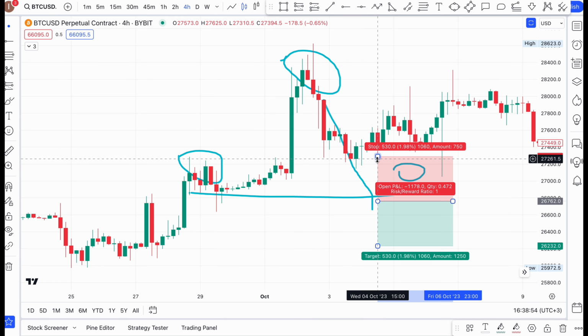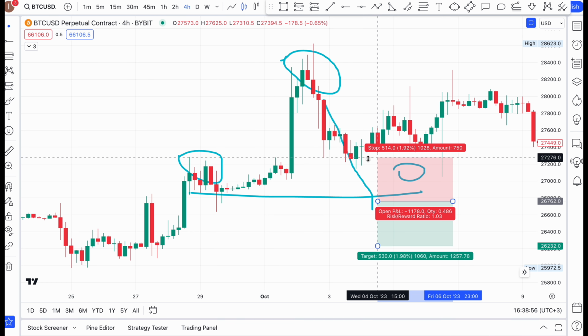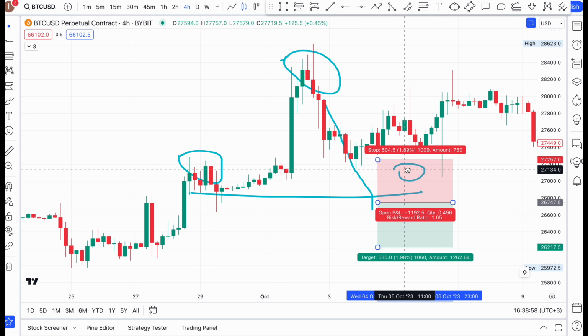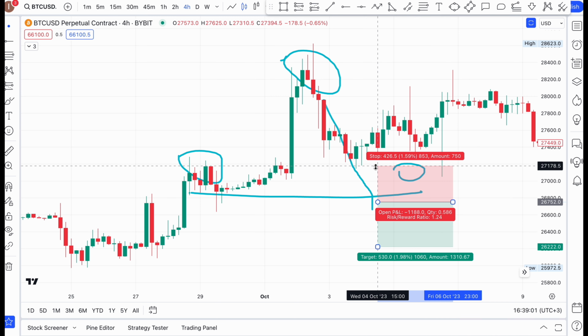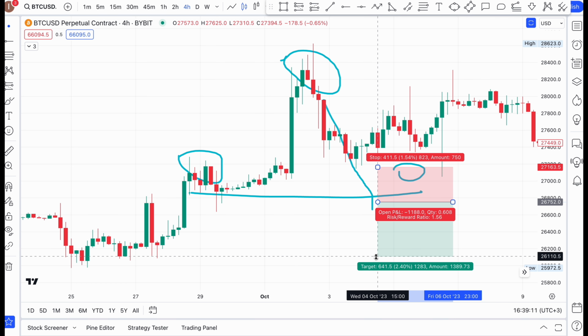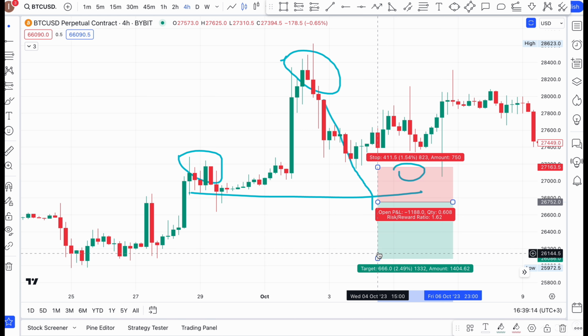And our stop loss would be right above the right shoulder, right? This right here should have been our right shoulder. But if you look at this market, it never played out that way. So that is why we need to follow our rule.